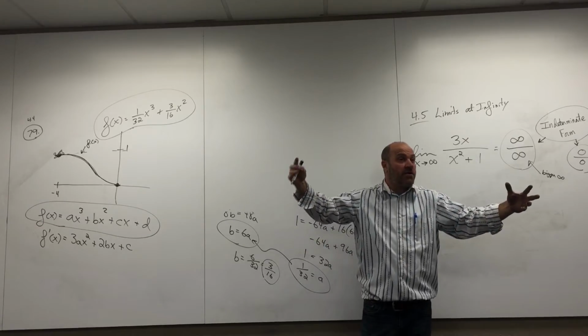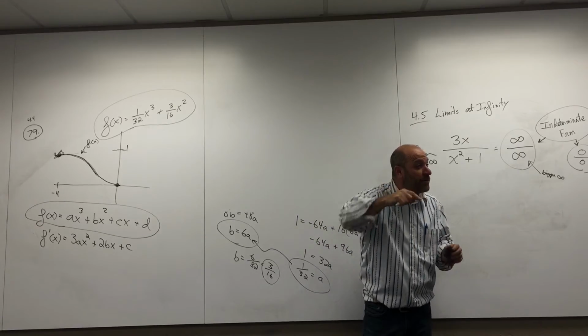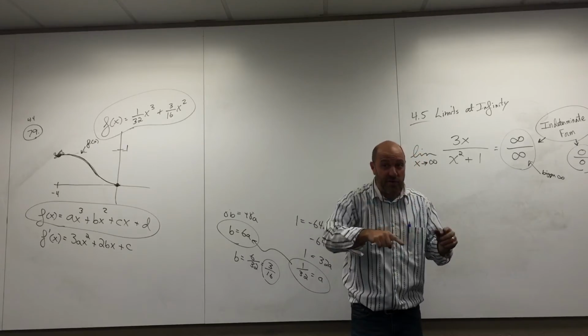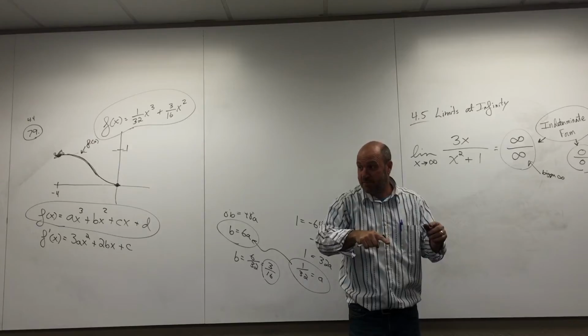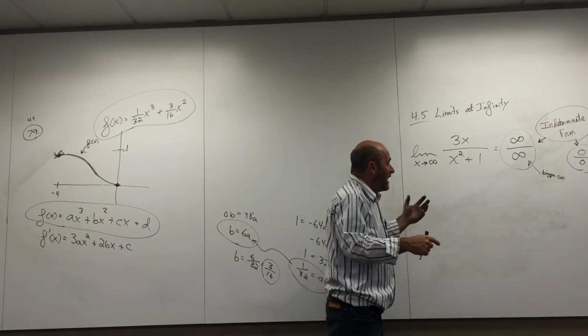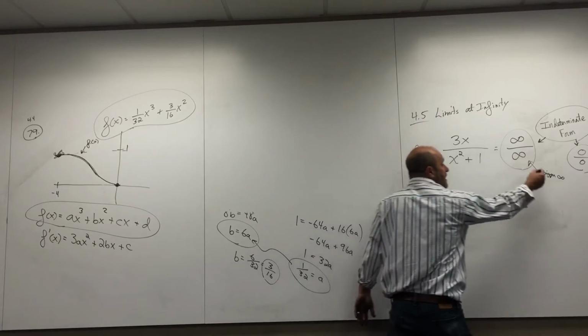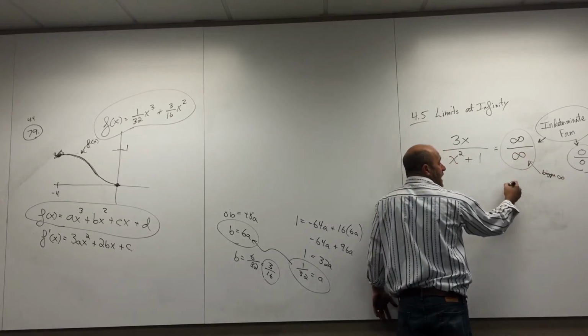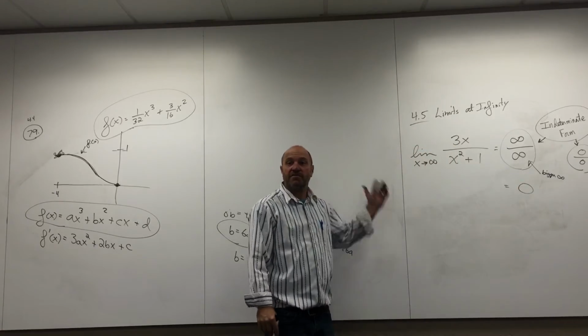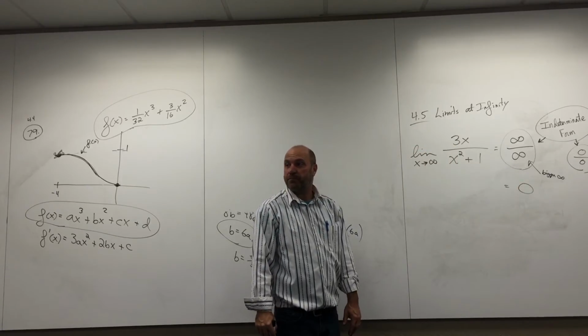Closer and closer to 0. The fraction goes to 0. When your denominator is huge, the quantity goes to 0. And so because this is a bigger infinity in the denominator, I'm just using logic and saying the answer is 0. The answer to this limit is 0.